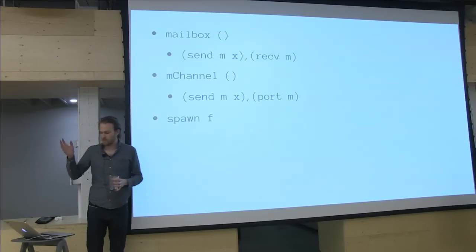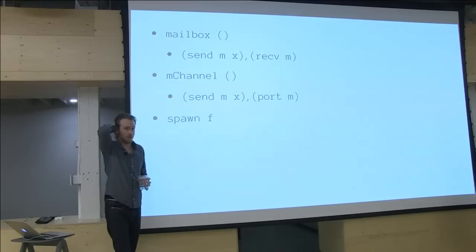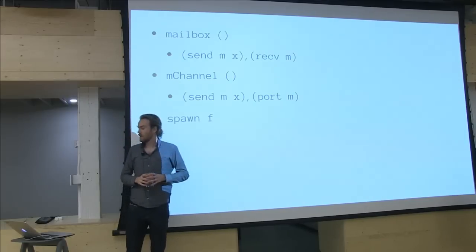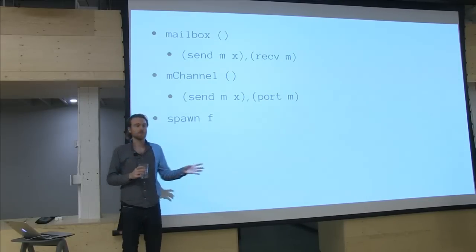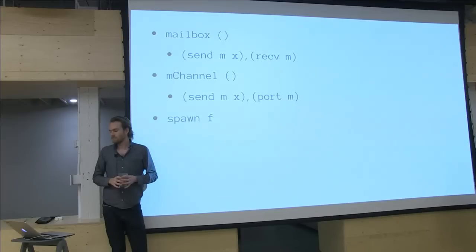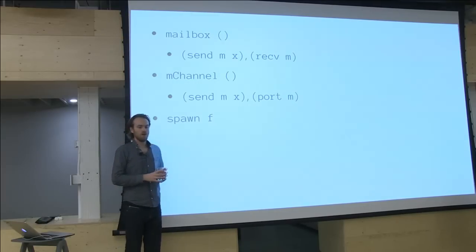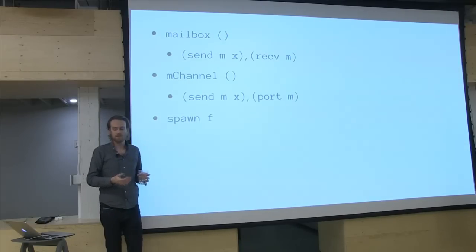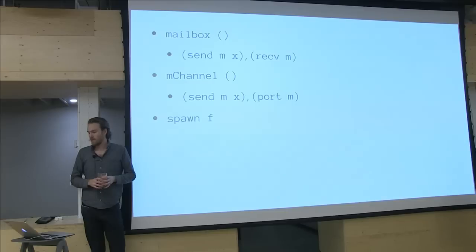So some things to know about concurrent ML. Basically, it's ML, so the syntax looks the same as what you've been seeing, but it's got this concurrency mechanism that is actually remarkably similar to what you might be familiar with in Go or with Clojure's core.async. Basically, you have mailboxes, which are like channels in those other languages.